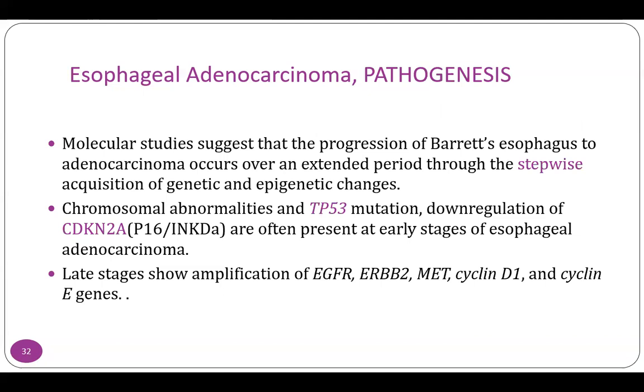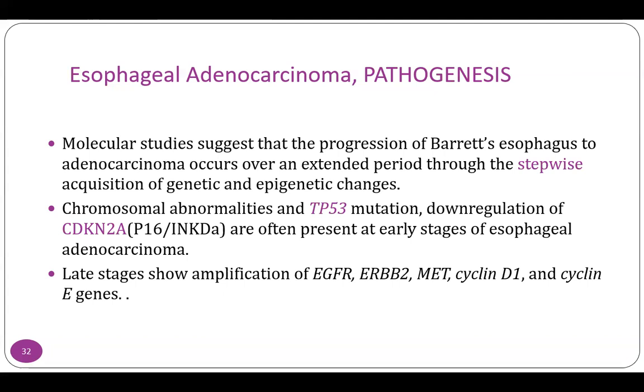Chromosomal or molecular studies: most of the time there is no definite molecular change in adenocarcinoma. Many times we see the P53 mutation in advanced adenocarcinoma. Sometimes we see CDKN2A, P16, and others in the adenocarcinoma.